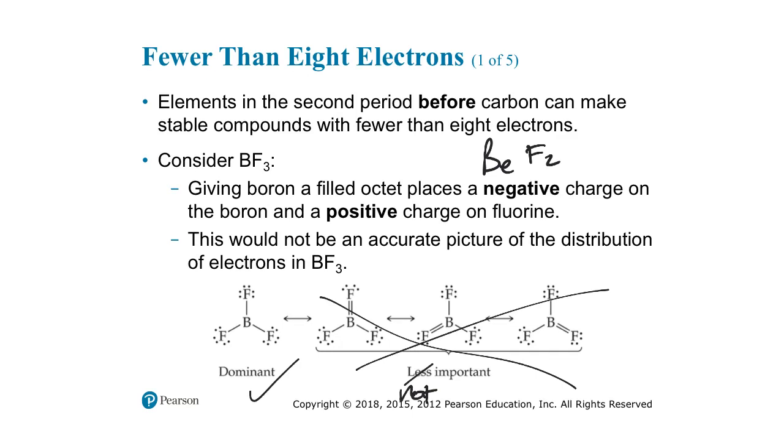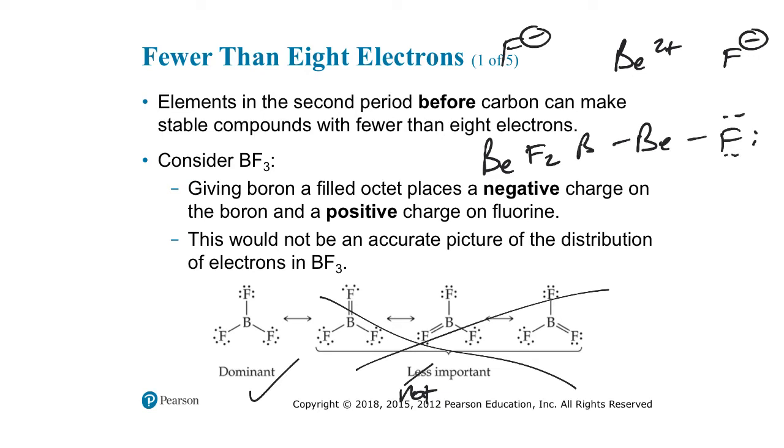You could argue that this would probably be better described as an ionic compound, so it's pretty close to this. But if you consider it like this, that's probably a good alternative structure as well. So it's probably somewhere between this and ionic, and definitely not going to be the case of having double bonds between beryllium and fluorine.